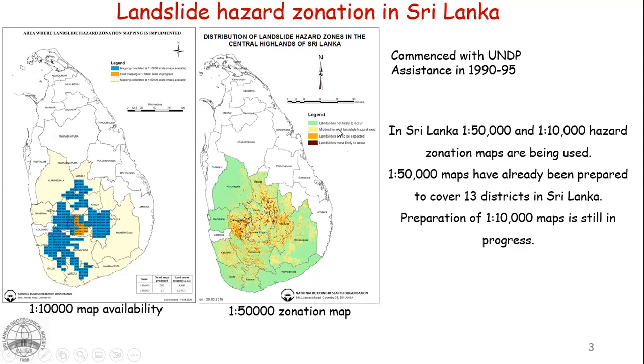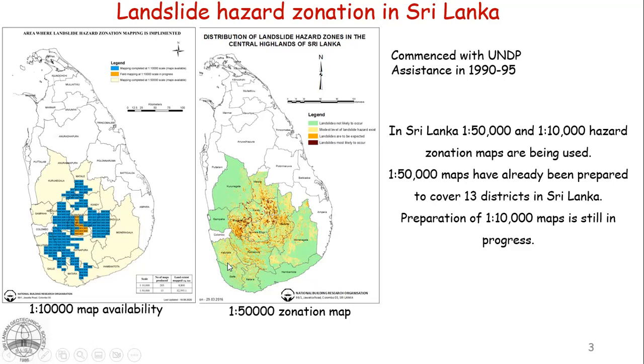The light yellow has a modest level of landslide risk, and the brown is where landslides are to be expected. Dark brown is where landslides are most likely to occur.